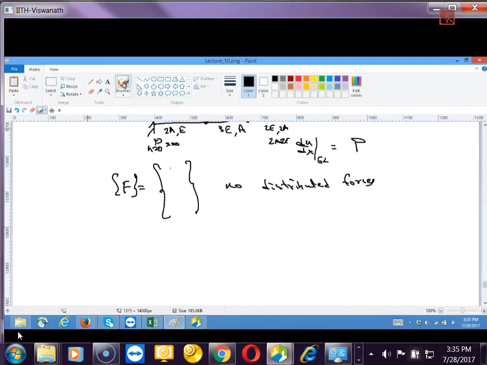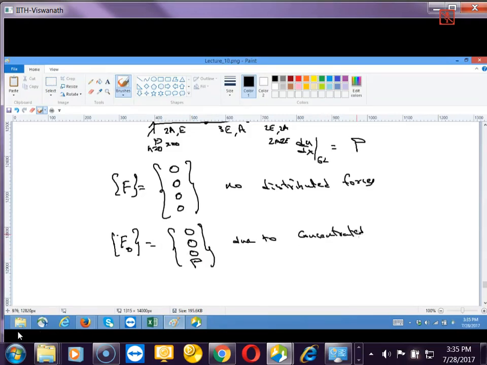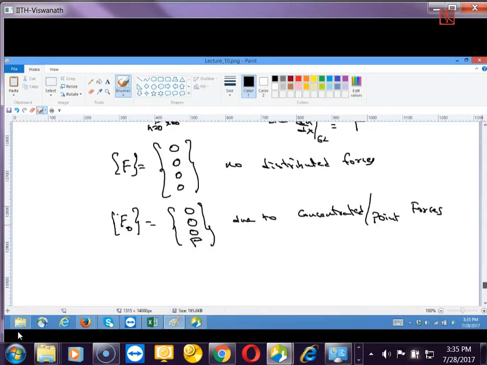Now the things coming from the concentrated forces: at node 1 there is nothing, at node 2 there is nothing, at node 3 there is nothing, at node 4 there is P, due to the concentrated or point forces. Okay, this is fine.